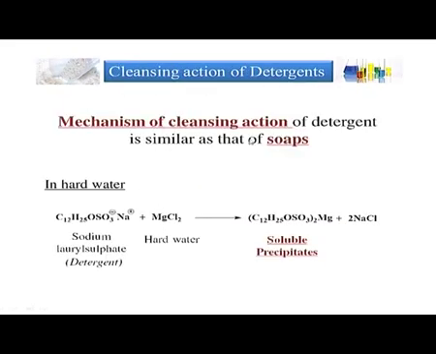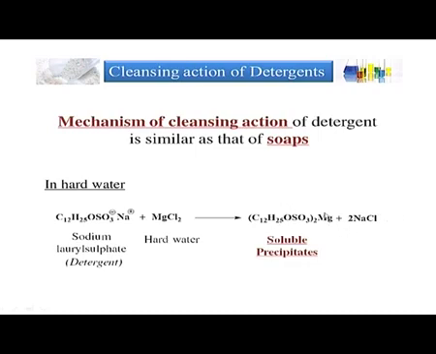Now, one important point I told you about detergents is that they can be used with both hard water and normal water. So, what happens when they are treated with hard water containing salts of magnesium and calcium? Here I am taking an example of an anionic detergent, and upon reaction with hard water containing salts of magnesium, it will form a magnesium salt of the sulfonate.